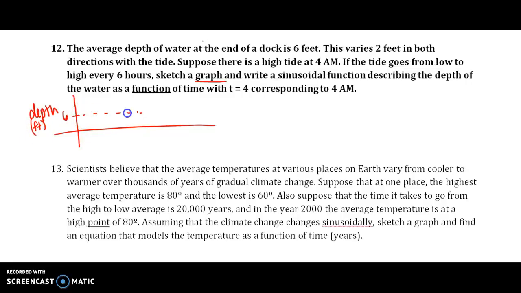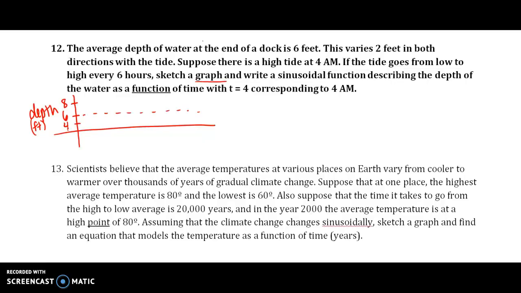So you can have that go across. And going 2 above and 2 below that, 6 plus 2 would be 8, and 6 minus 2 might be 4. So this may not look very symmetrical here, but we'll go with it.